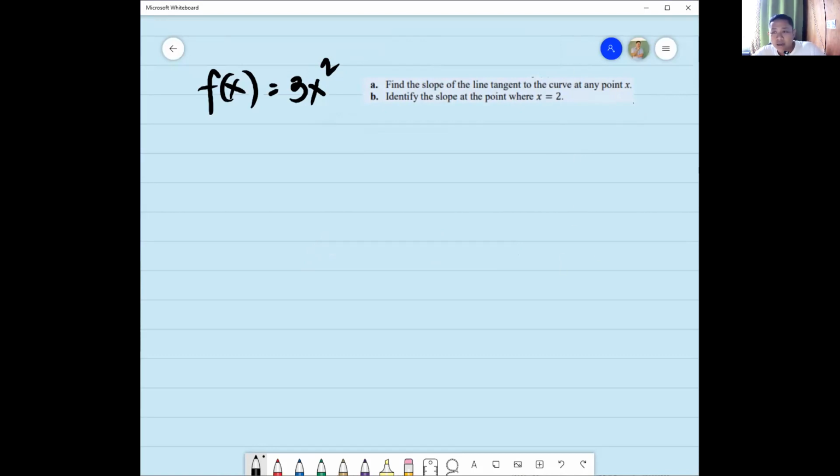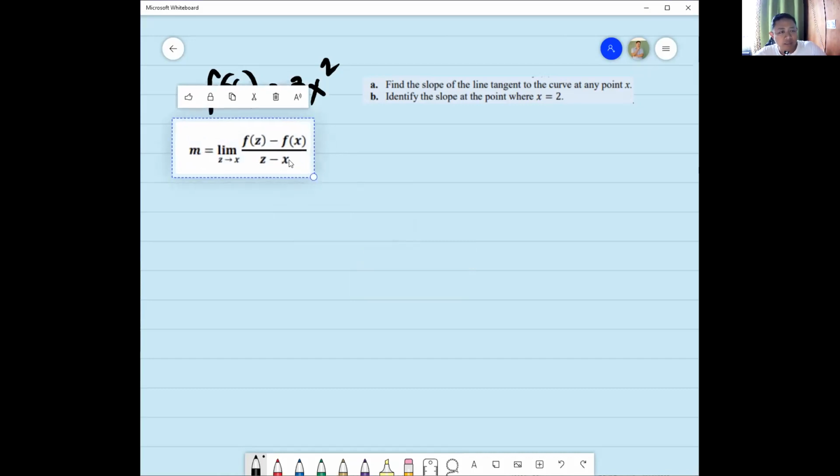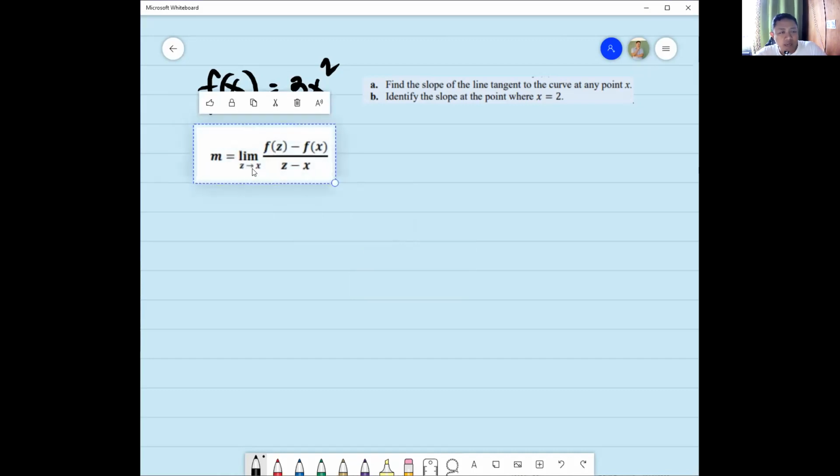What was presented a while ago in the introductory video was the longer process, and there is actually a shorter process. If we are not yet directed towards a specific value of x in our given limit, for example, as z approaches x, then we are finding the slope of the line tangent to the curve at any point x.